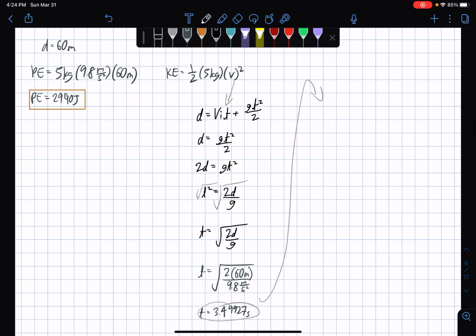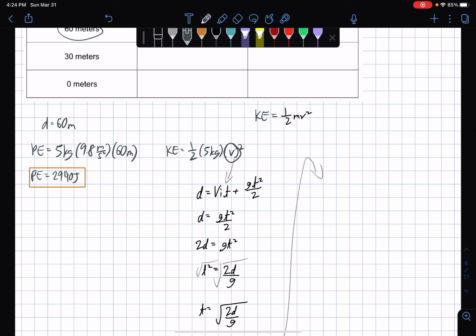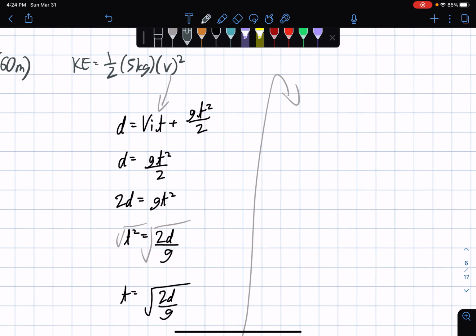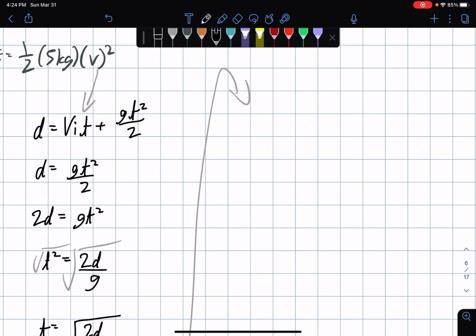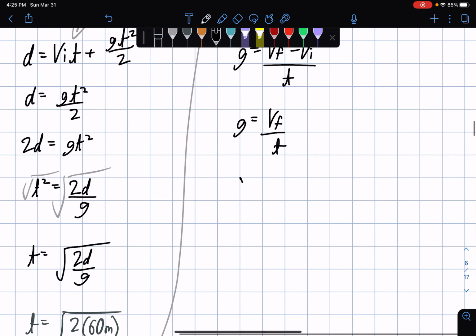This time let's look for the final velocity, which is the velocity in the kinetic energy formula. So the V here will always be the VF. So what kinematic formula do we use? We could use this. I think this is the easiest to use. So we know that VI is 0, so we're left with G is equal to VF over T. We're looking for VF, so VF is equal to GT.